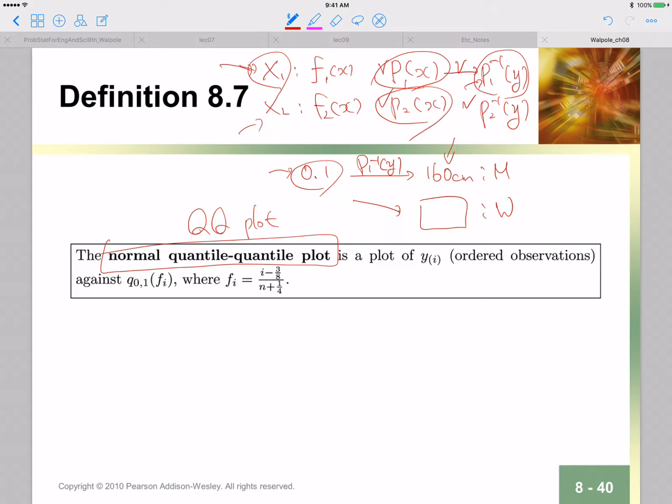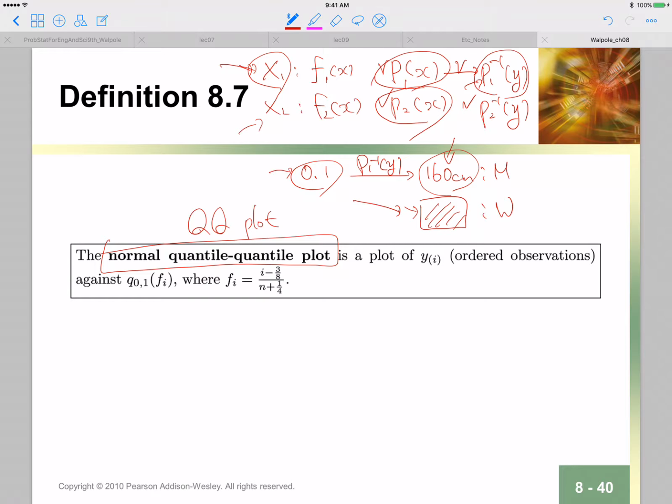In reality, will this value be smaller or larger than 160? The question is whether this value is bigger than 160 or smaller than 160.